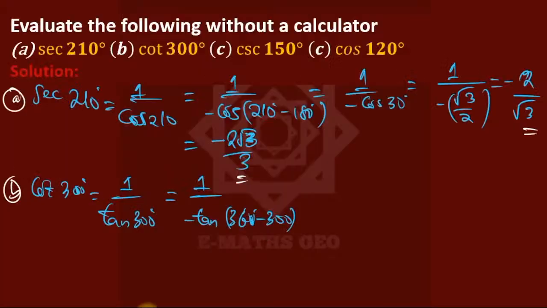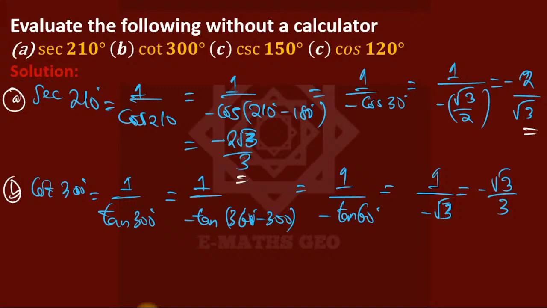So you have 1 over minus tan 60. Now what is tan 60? Root 3. Yes. So you can decide to rationalize, multiplying numerator and denominator by root 3. The answer is minus, anyone with this.